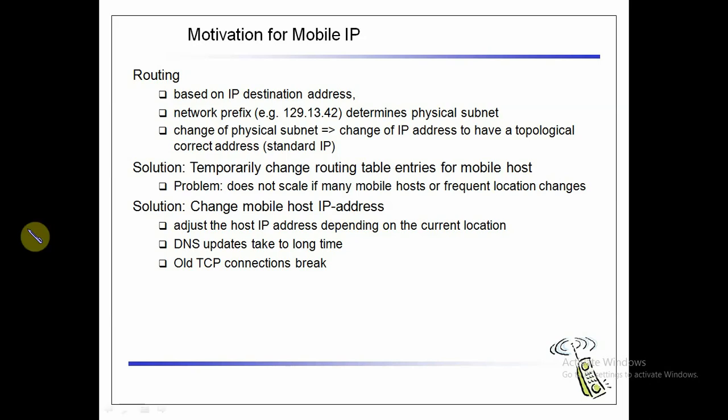This is also known as a socket pair, and a socket consists of addresses and ports. And these are the details of the motivations for mobile IP.